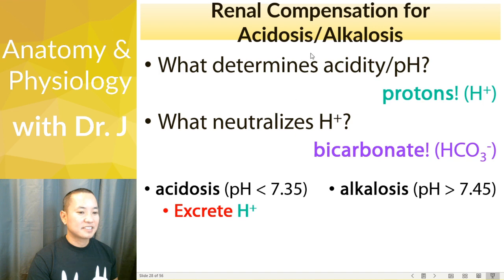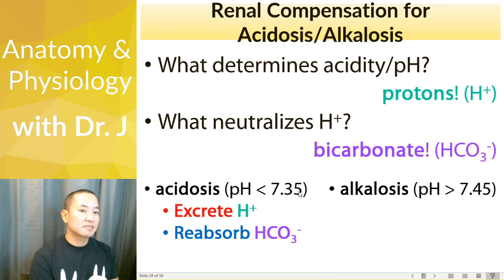So if someone has acidosis, their urine is going to be very acidic because their body is trying to dump those extra protons into their urine so they're no longer in their body. And what else? It's not only going to excrete protons, it's also going to reabsorb bicarbonate. Bicarbonate is very small and does filter through the glomerulus, so it makes sense to reabsorb the bicarbonate to lower our acidity and increase our pH, and dump more protons to get rid of our acidity as well.